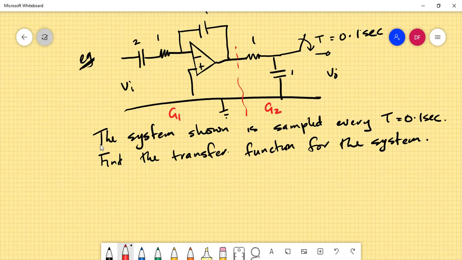So what's that value above the top capacitor? 1. One.